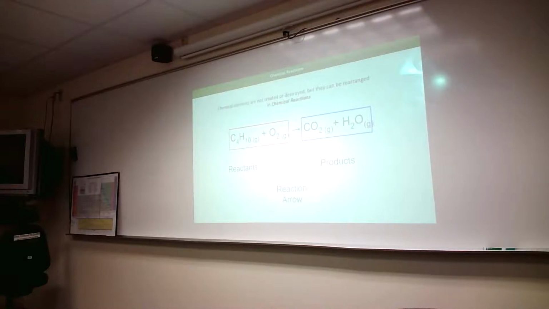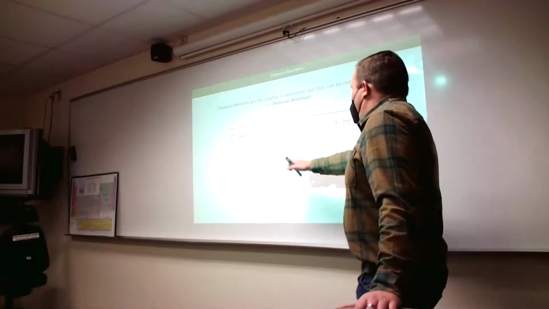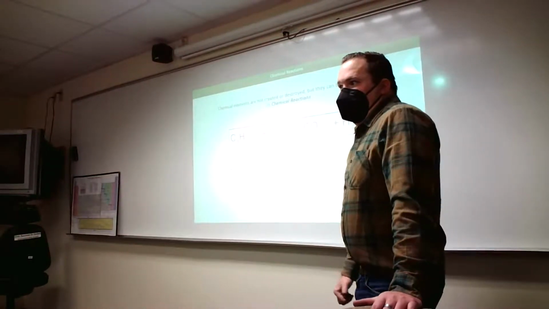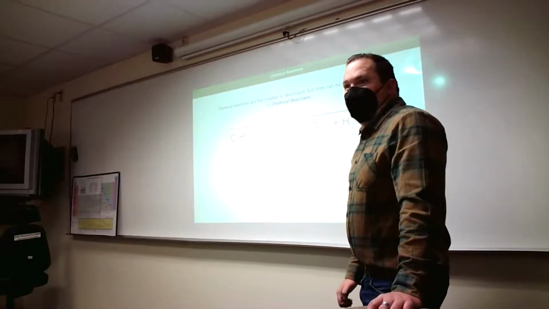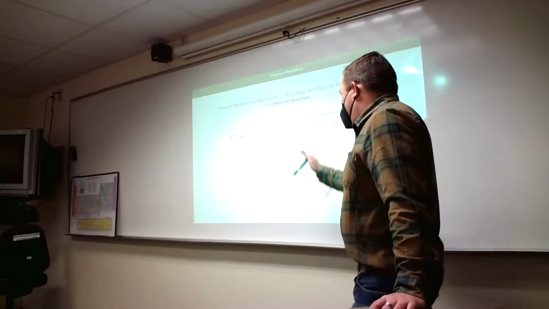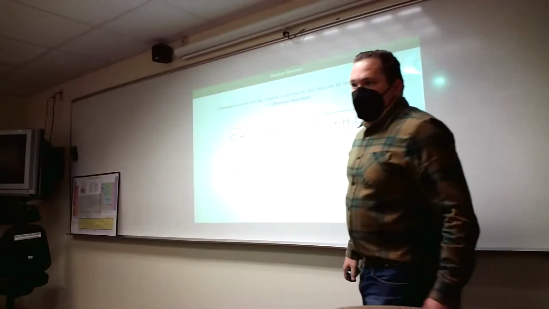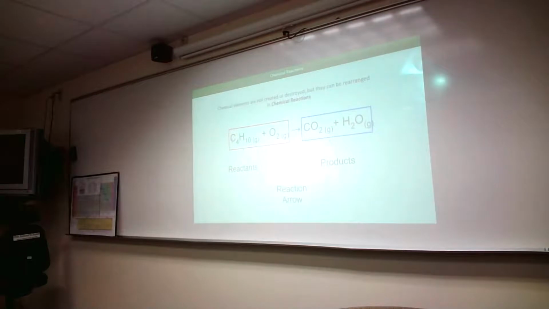And the arrow in the middle, we call it a reaction arrow, and it's very specific, and we're basically indicating something happened. So it can be a really long period of time, it can be a very short period of time, but it's just giving us a before and after look. And then, exactly. The other thing that we indicate here is the phase of these molecules generally.